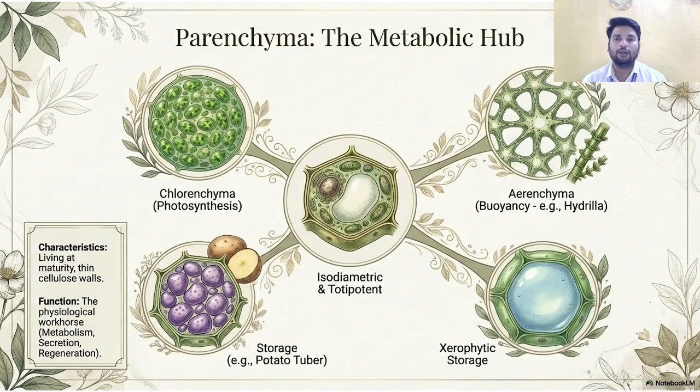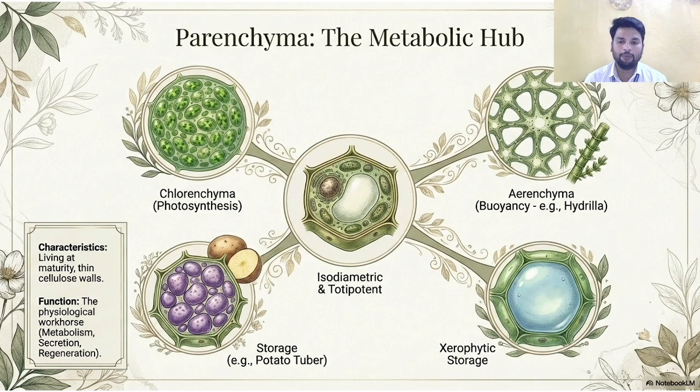Then parenchyma, the metabolic hub. When parenchyma stores plastids, it is known as chlorenchyma, which performs photosynthesis. When the parenchyma tissue stores air, it provides buoyancy in Hydrilla plants.